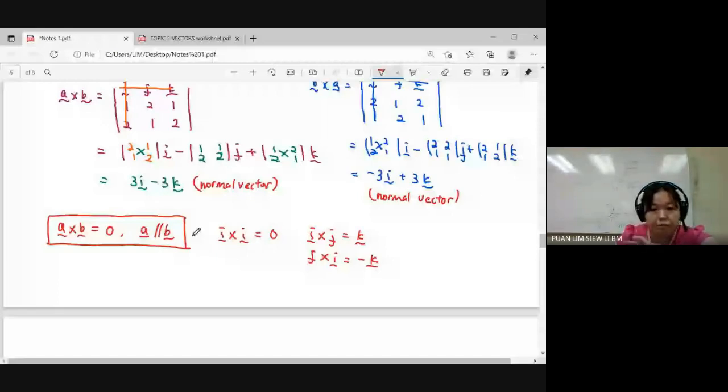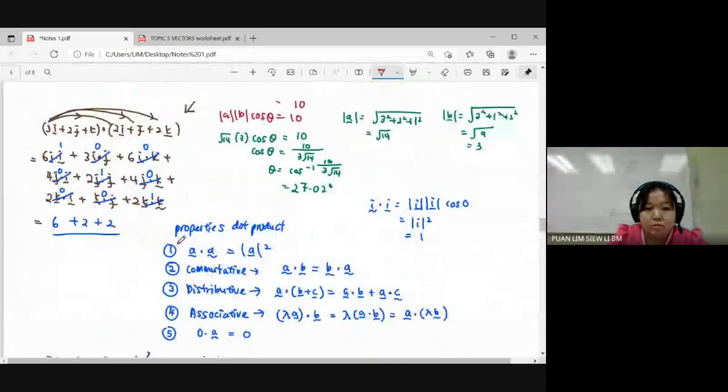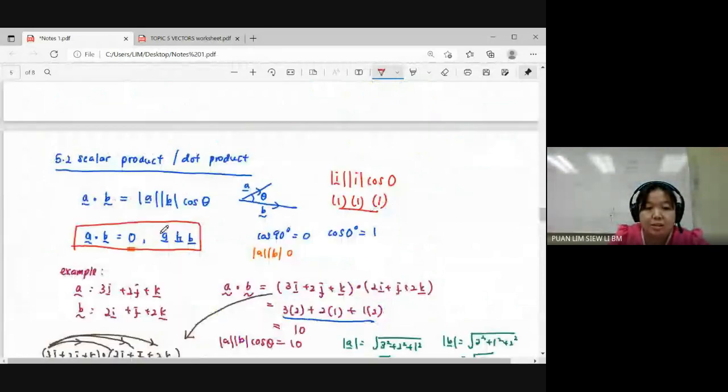Or in reverse, when we see A and B are parallel, how do you prove this is parallel? We use the cross product. Nothing to cross out. When we calculate this we will get the value 0, 0, 0: 0 I, 0 J, 0 K. So this is the two sentences that they always test in your exam.